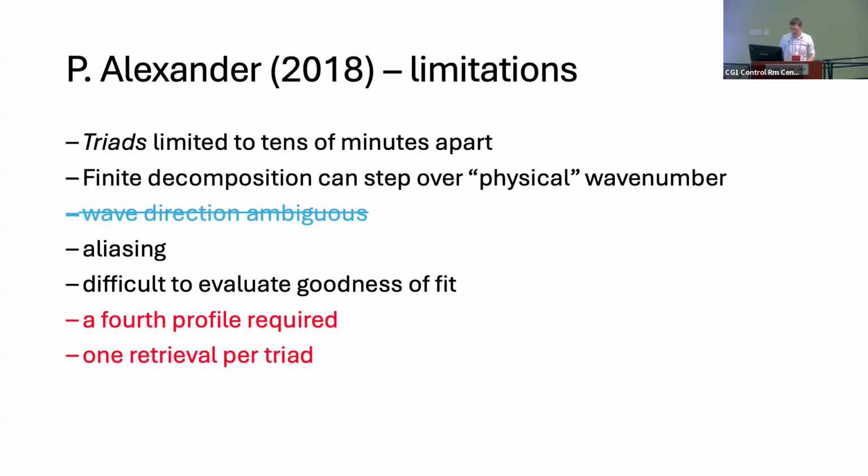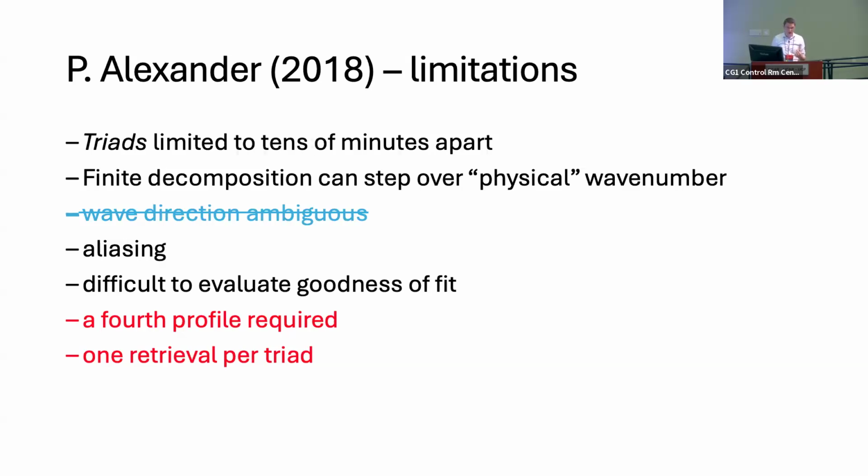So I take it a little further here in a minute. So they overcome the direction ambiguity with that fourth profile, but they have a fourth profile. And in their paper, they say like, yeah, we can't use this for real data yet because we don't have enough observations. Even with ROMEX, I still don't think we can get 4 profiles and still meet, say, the Schmidt criterion for 3. Also, since they're not decomposing, they can only get 1 wave per profile.